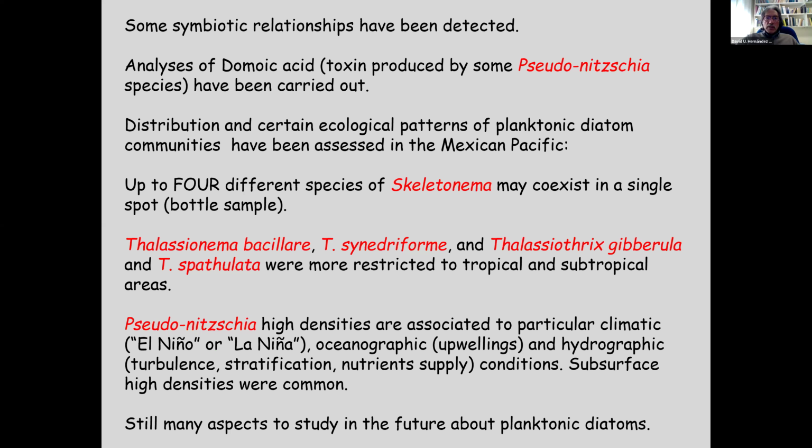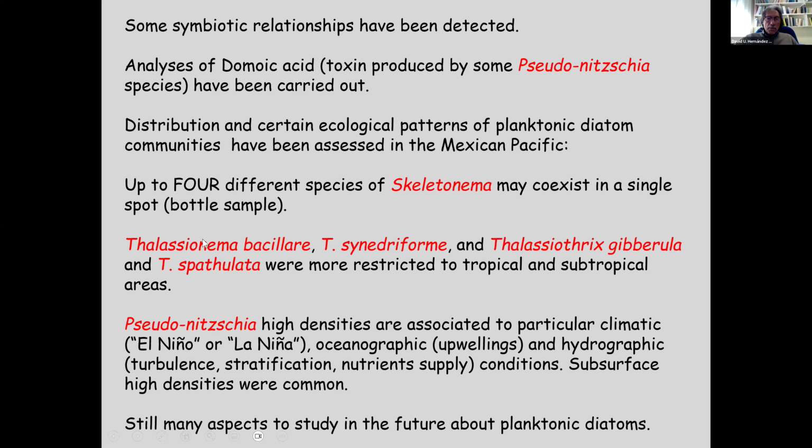We can say that the distribution and certain ecological patterns of planktonic marine diatoms have been detected in the Mexican Pacific. For instance, in one single sample, up to 4 different species of Skeletonema may coexist in a single spot, which is very important to us.